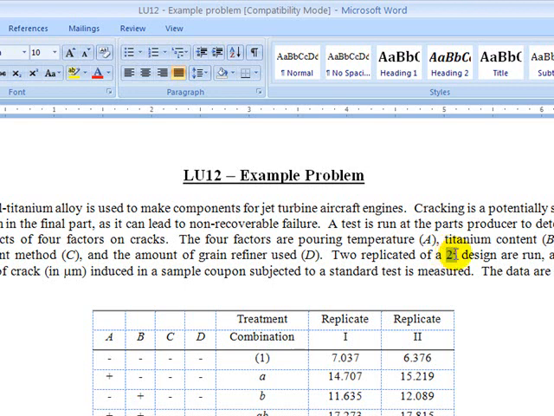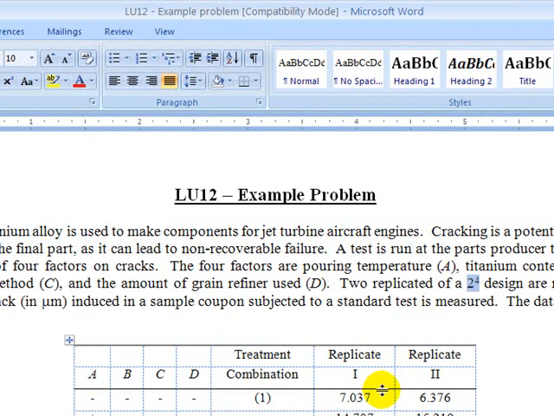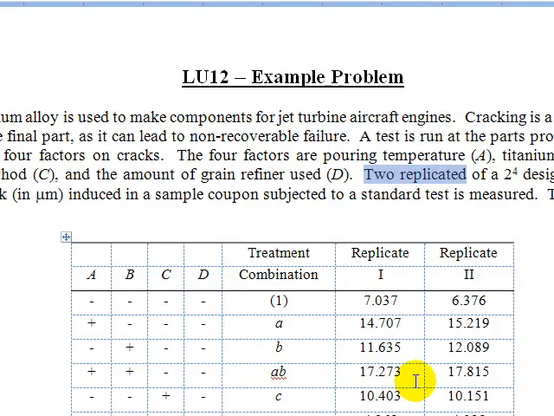Then with 2 raised to 4, there will be a total of 16 experiments. But since we are using 2 replicates, we are repeating the whole set of experiments twice. So we will have a total of 32 trials, right?